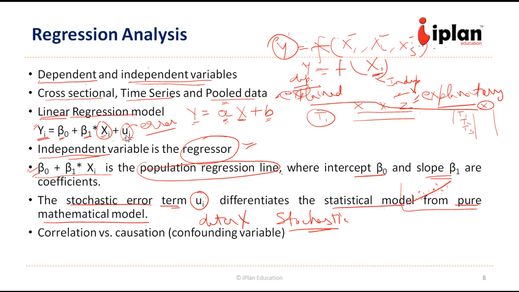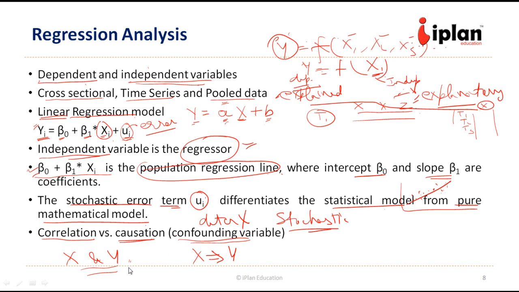During regression, one other thing which we need to be very careful about is the relationship of correlation and causation. So when we say x and y are two variables which are correlated, that does not imply that one is causing the other. X causing y is different from saying that x and y are correlated because of a confounding variable.